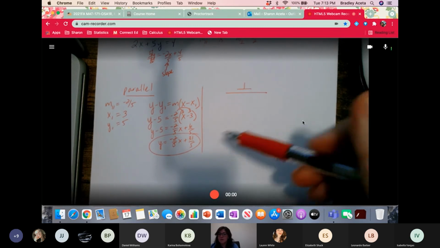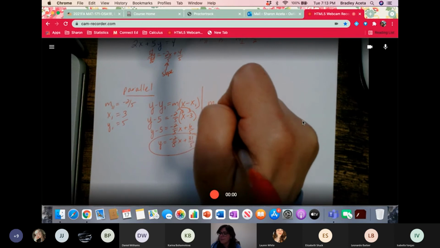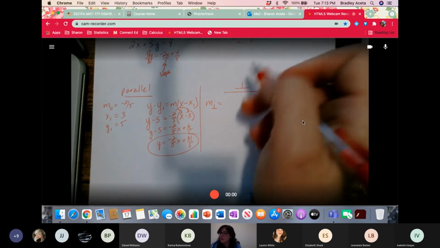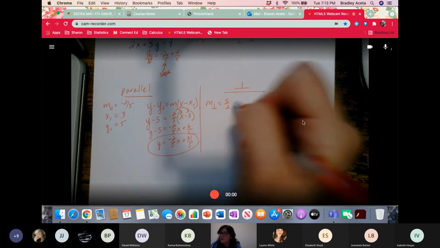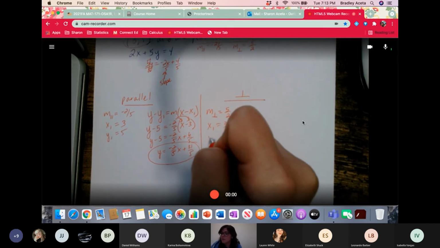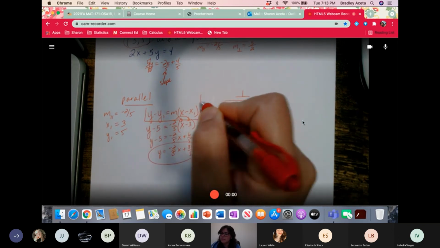Now, how do I do the perpendicular? Same way, just with a perpendicular slope. So perpendicular would be 5/2. We already wrote it up here. You're going to keep x1, 3. You're going to keep y1, 5. And you're going to put it into this formula.